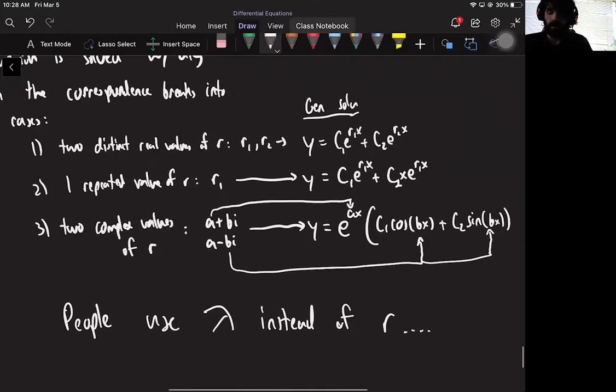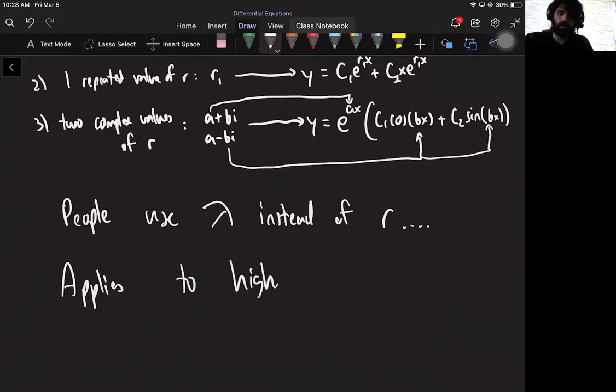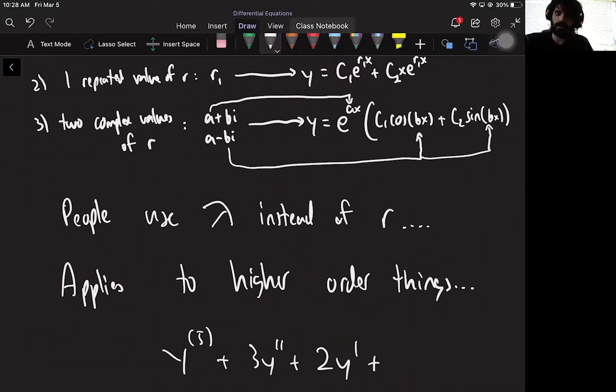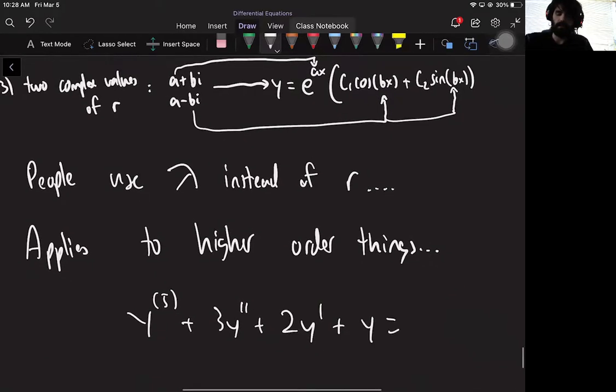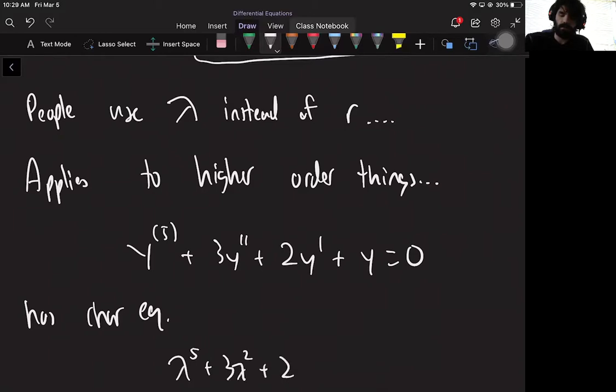And then the last thing I want to say is this technique applies to higher order equations. For example, y fifth prime plus 3y double prime plus 2y prime plus, I don't know, y equals 0. It has a characteristic equation. So now I'll switch to lambdas at the last second: lambda to the fifth plus 3 lambda squared plus 2 lambda plus 1 equals 0.